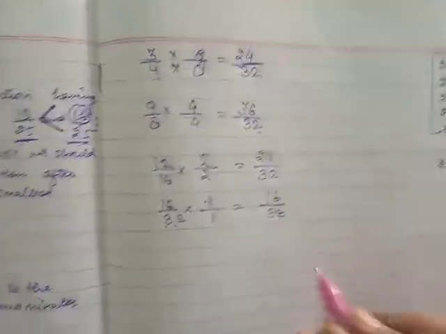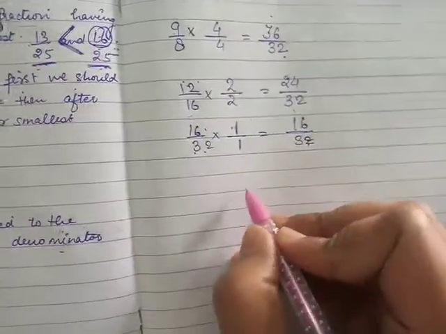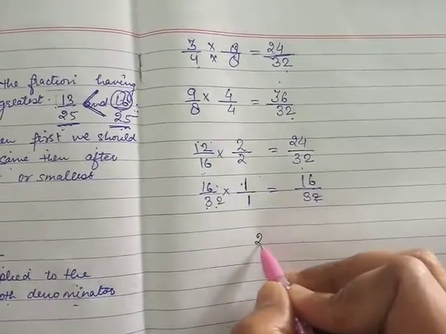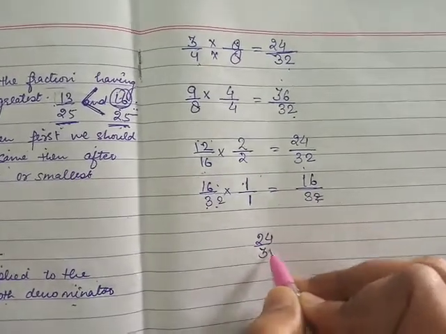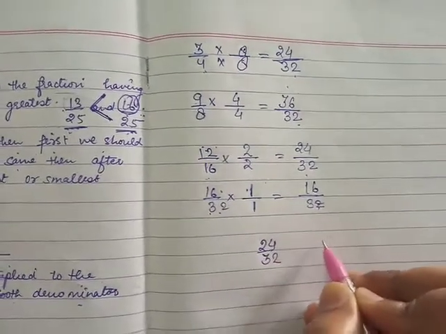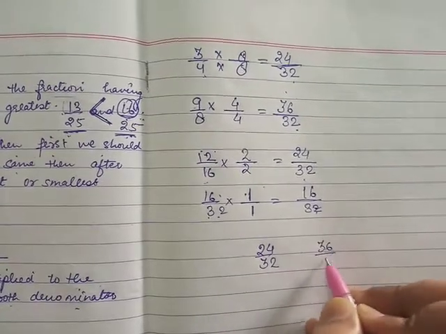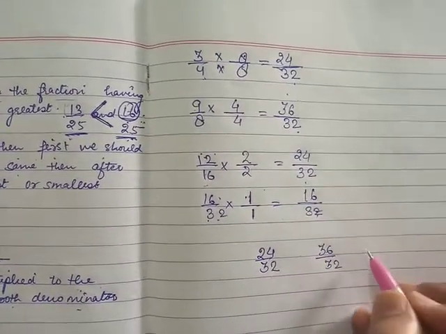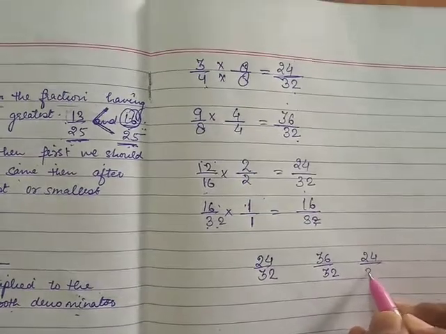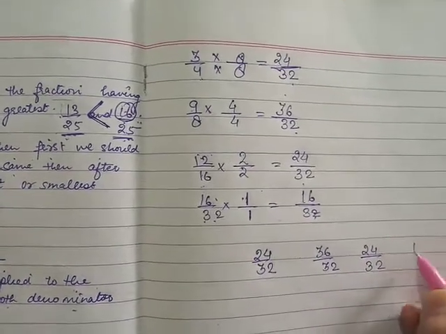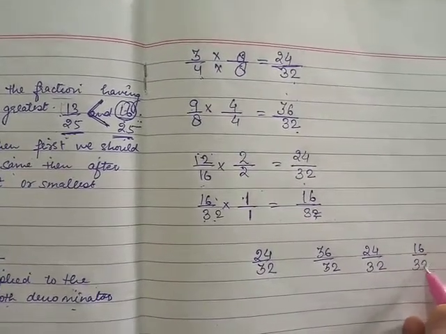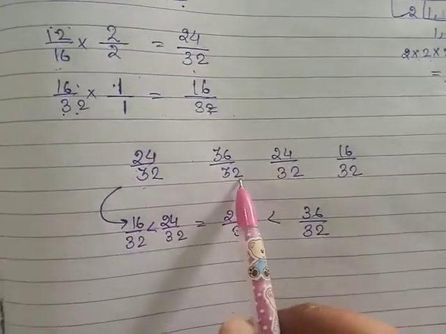So the 4 fractions are 24 upon 32, 36 upon 32, 24 upon 32, then 16 upon 32. These are the fractions we have got.